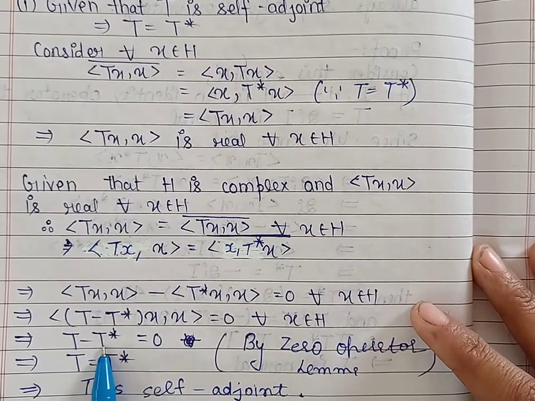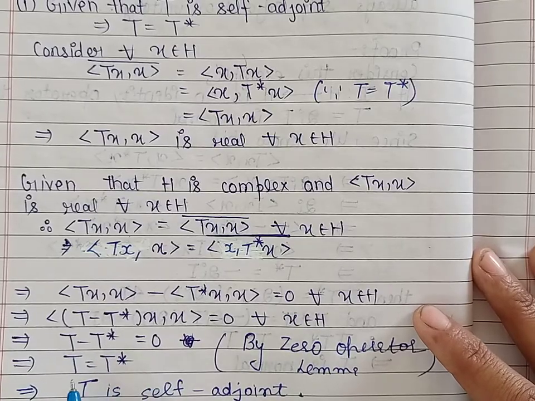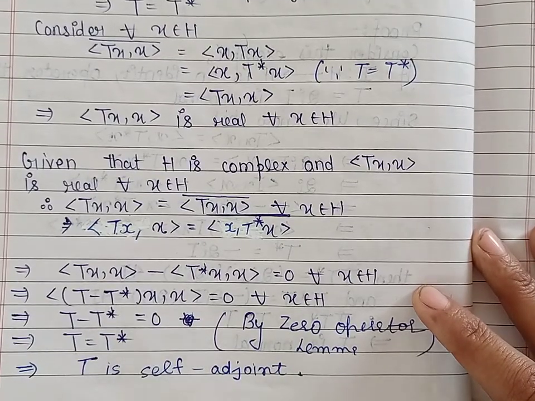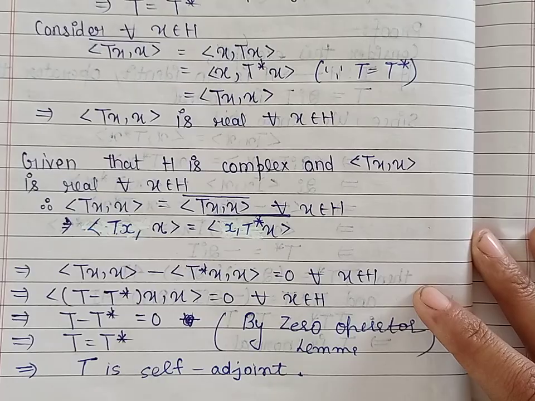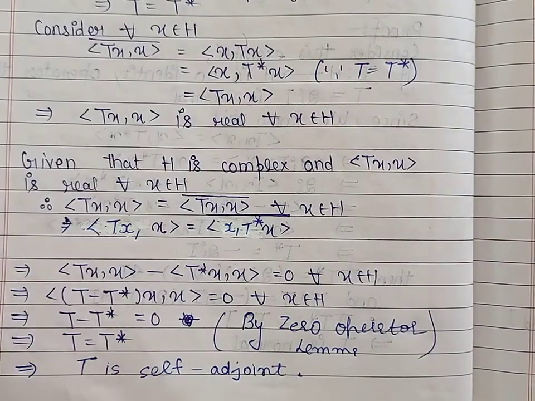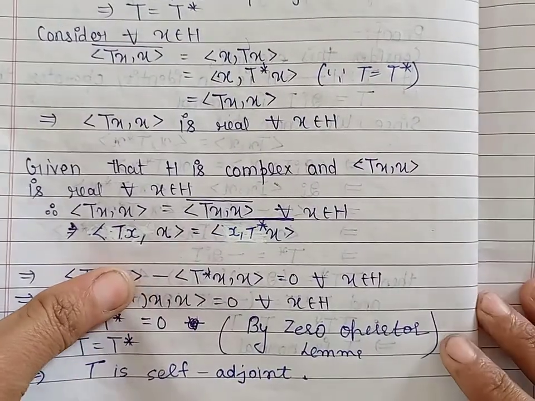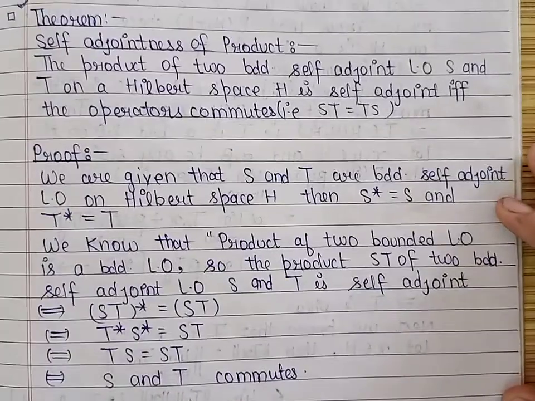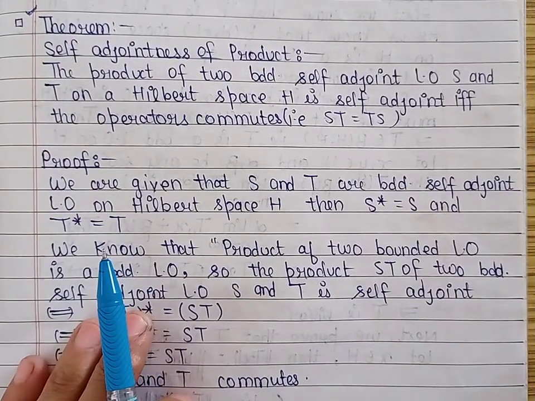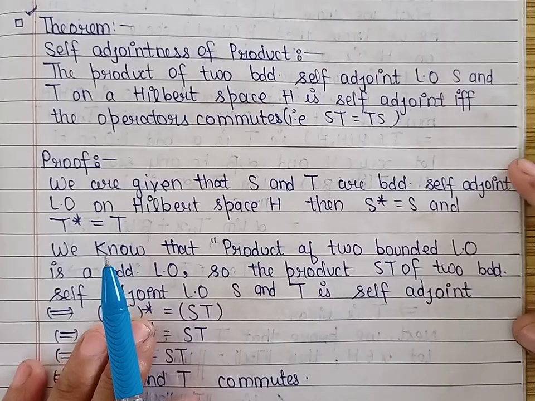So T minus T star is 0. So we get T is equal to T star, and this proves the self-adjointness of operator T. Now next we prove the self-adjointness of the product of bounded linear self-adjoint operators.